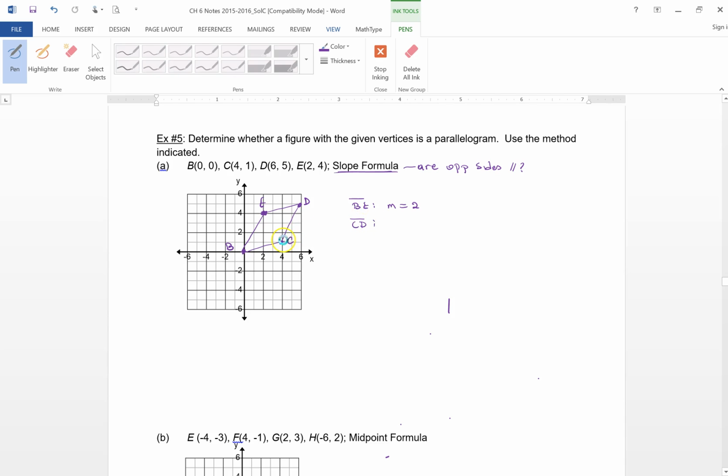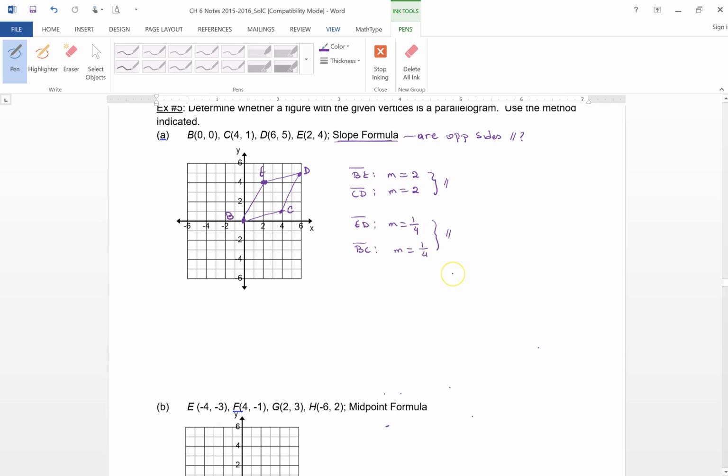The slope of that line is 2 over 1. Yes, these are parallel. And now let's look at the other pair, ED. The slope of that line is 1 over 4. And BC has slope 1 over 4. Those are also parallel. Since both pairs of opposite sides are parallel, we say BCDE is a parallelogram.